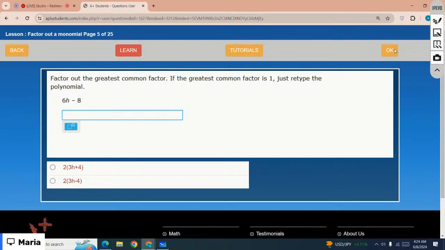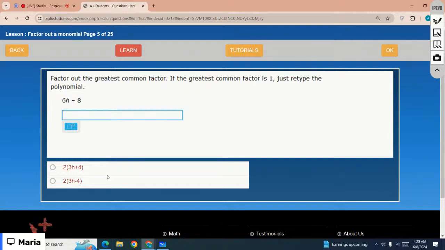Factor out the greatest common factor. So which is the correct option? That is 2 times 3h minus 4.